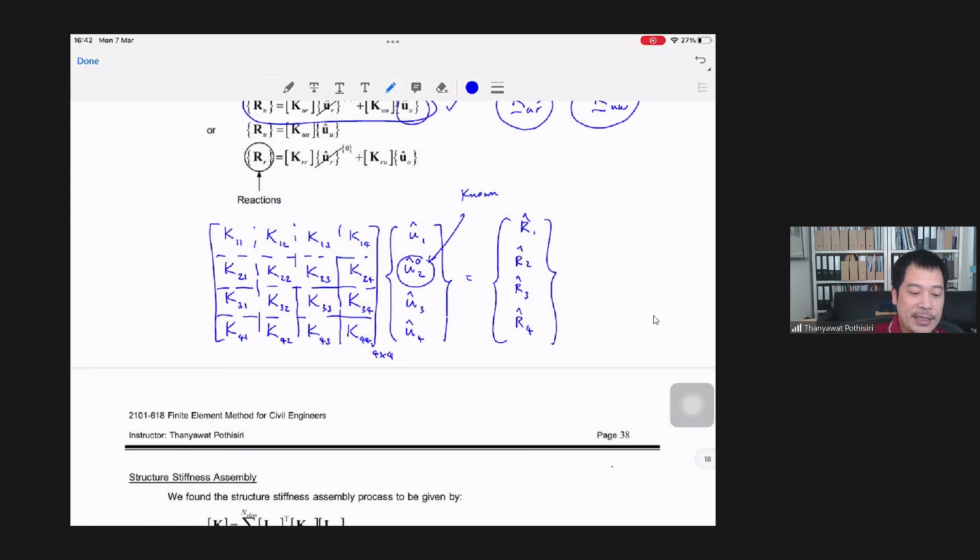So if this is known, then one of the ways that I can modify this system of equations is, instead of splitting it into 4 parts, I simply modify this equation by looking at the second row first. Now, because this is a known quantity, I would like to first modify this.